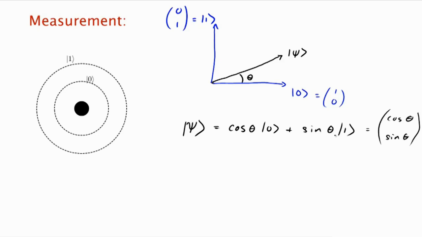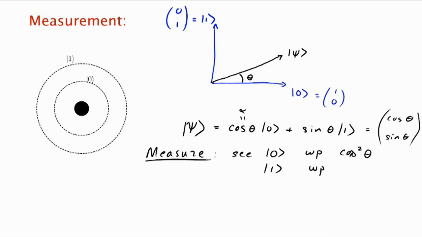Okay, so now what happens when you perform a measurement? Well, when you measure, you see 0. The qubit quickly makes up its mind whether it's in the ground or excited state, and it goes into the ground state with probability alpha magnitude squared, so with probability cosine squared theta, and it goes into the excited state with probability sine squared theta.